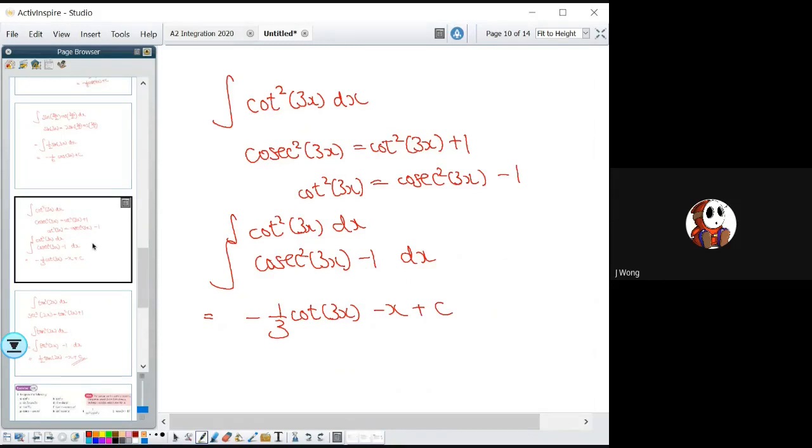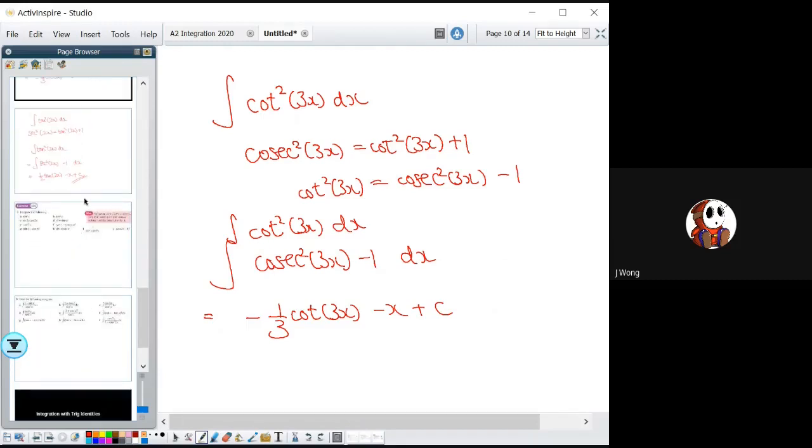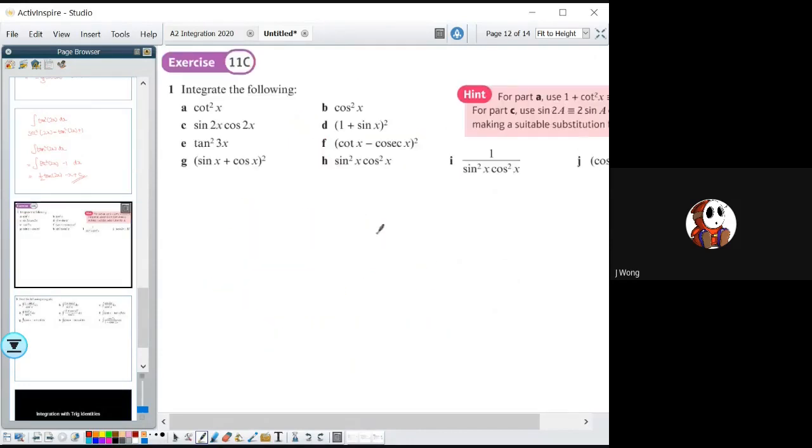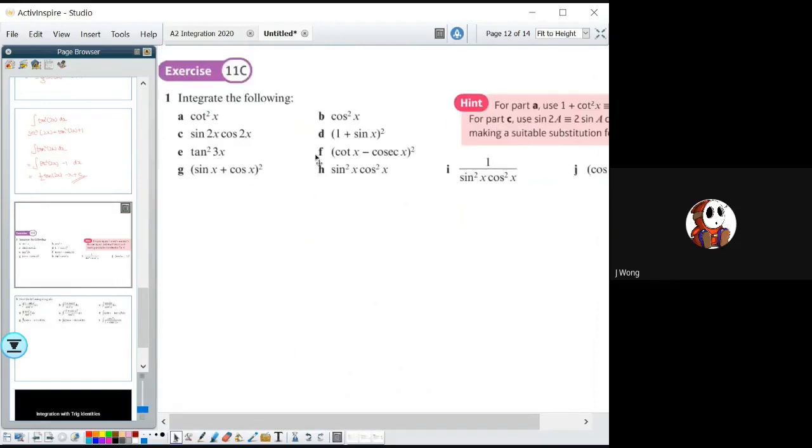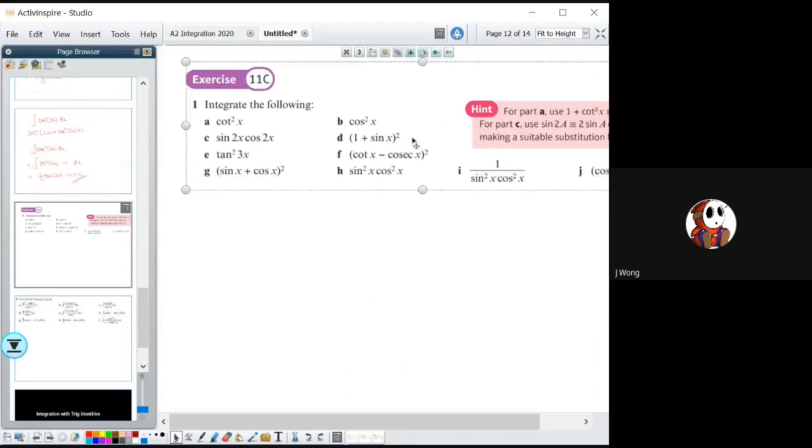Once you have done the rearrangement, within the integral it becomes something that we can recognize, and then we can integrate using the skills that we have been using throughout. With these, you will be able to do question 1 from exercise 11C.